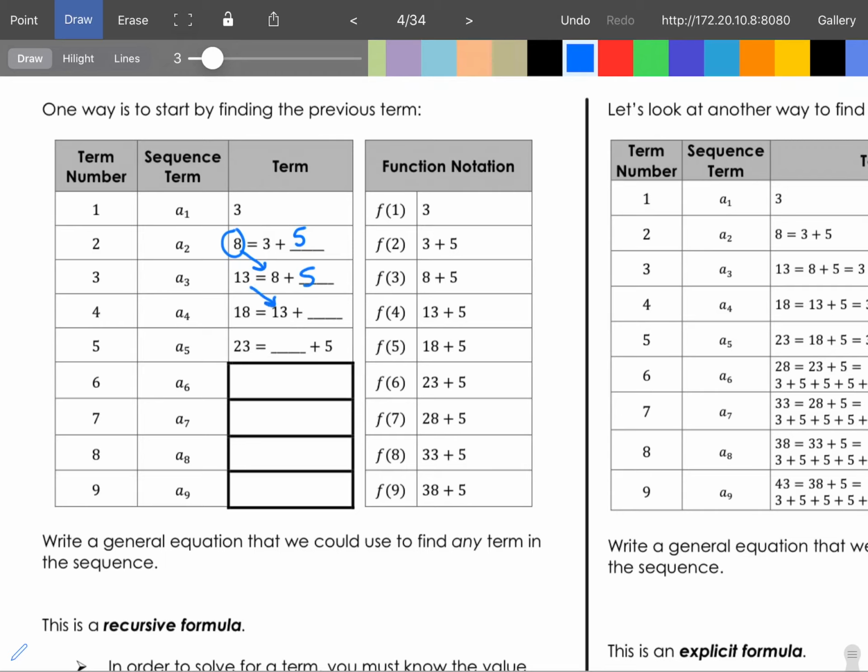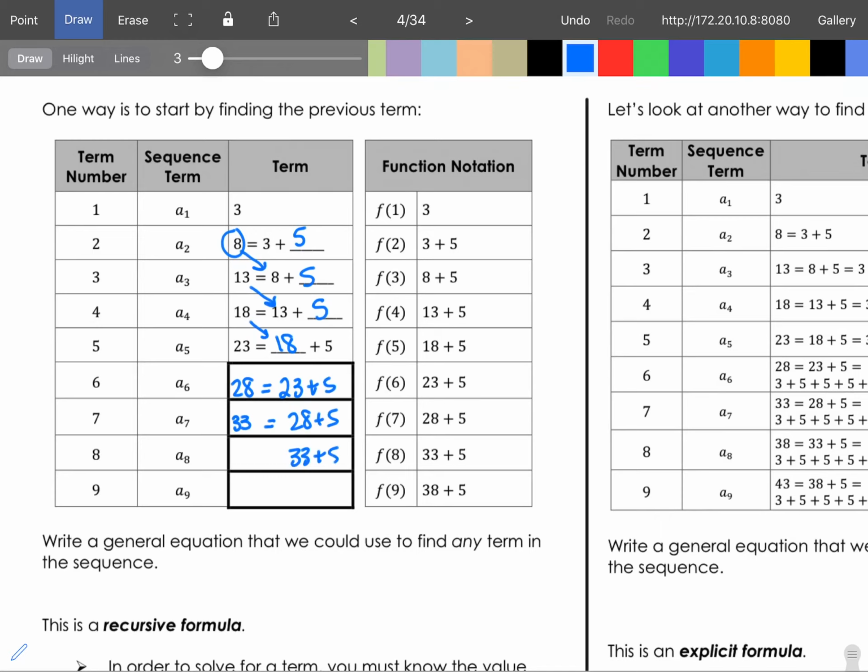And then we take 13 and add 5, and that gives us our 18. And so we keep bringing down the previous term. 18 plus 5 is 23. So we can keep doing that. We can say, okay, well, 23 plus 5, which would be 28. And then 28 plus 5 would be 33.